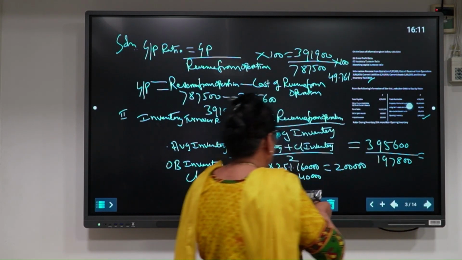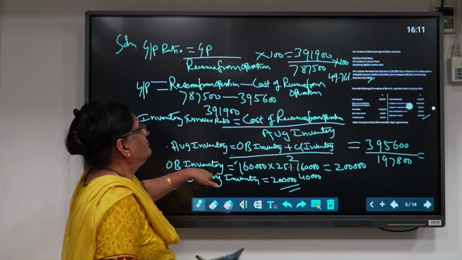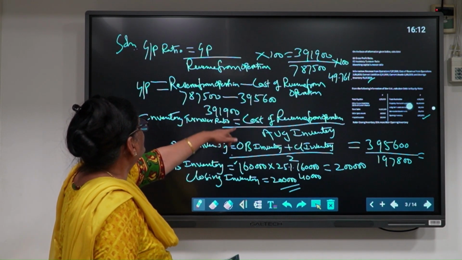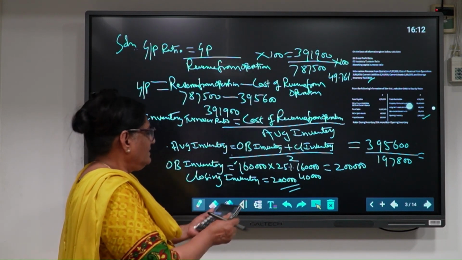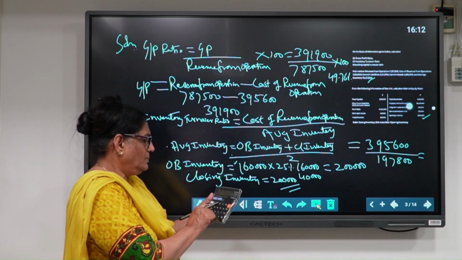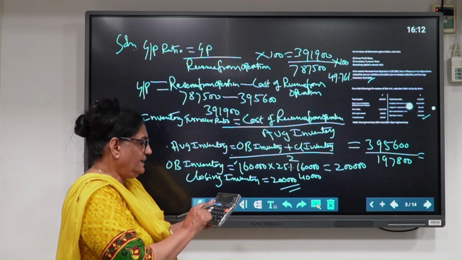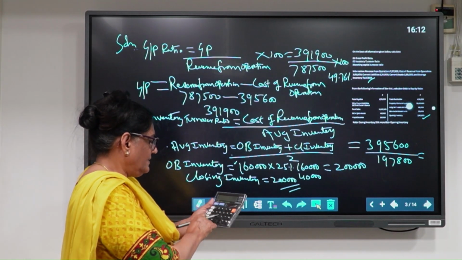Okay. So this calculation we will keep, because in the next part we are going to use this. Cost of revenue from operation, 3,95,600, divided by average inventory, 1,97,800.